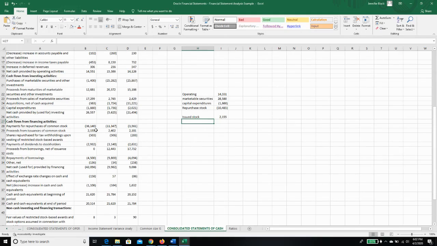But you're thinking, why would they repurchase stock and then issue stock? Doesn't that defeat the purpose? Usually when we're repurchasing a bunch of stock, if we've also issued stock, it's because we've issued it as compensation to our employees. So if you think about it, my company could pay me $120,000 a year in cash, or they can pay me $80,000 a year in cash and give me $40,000 worth of stock.